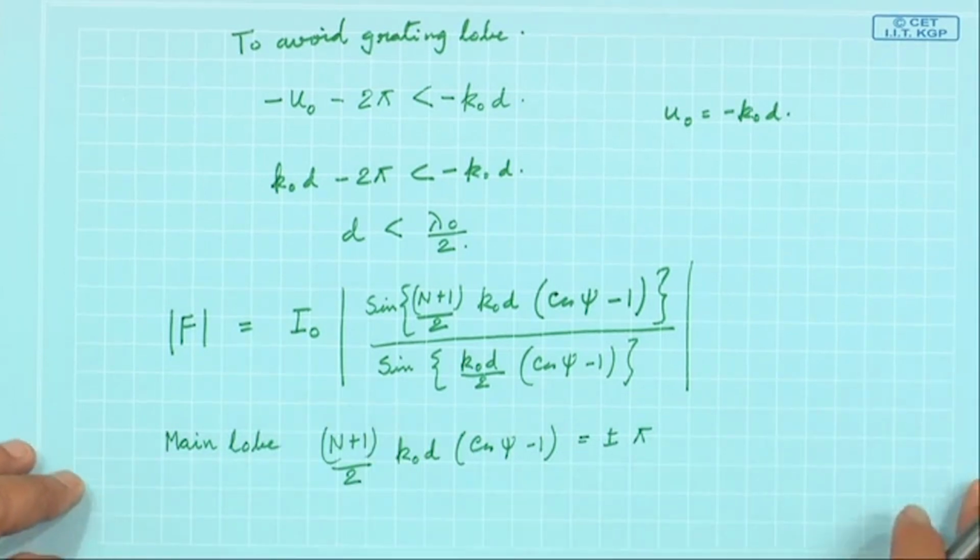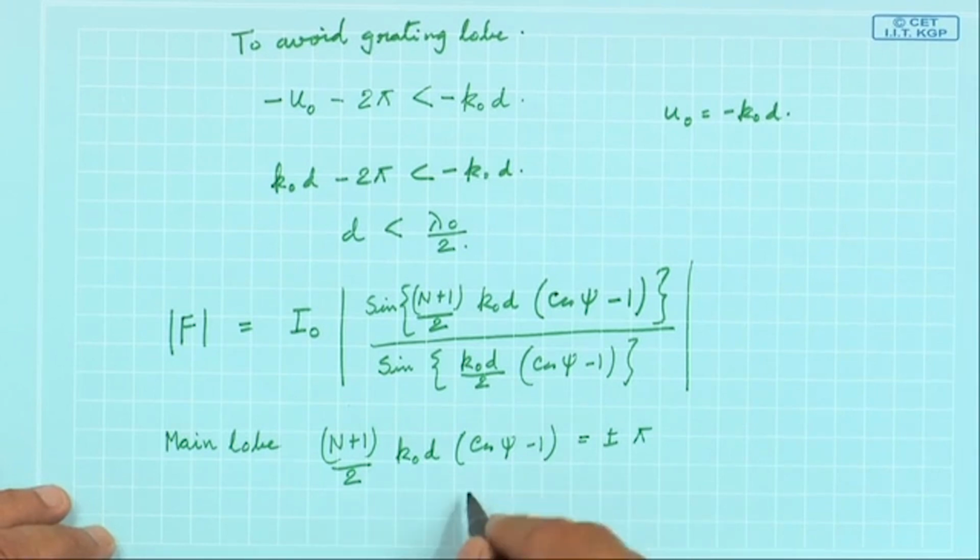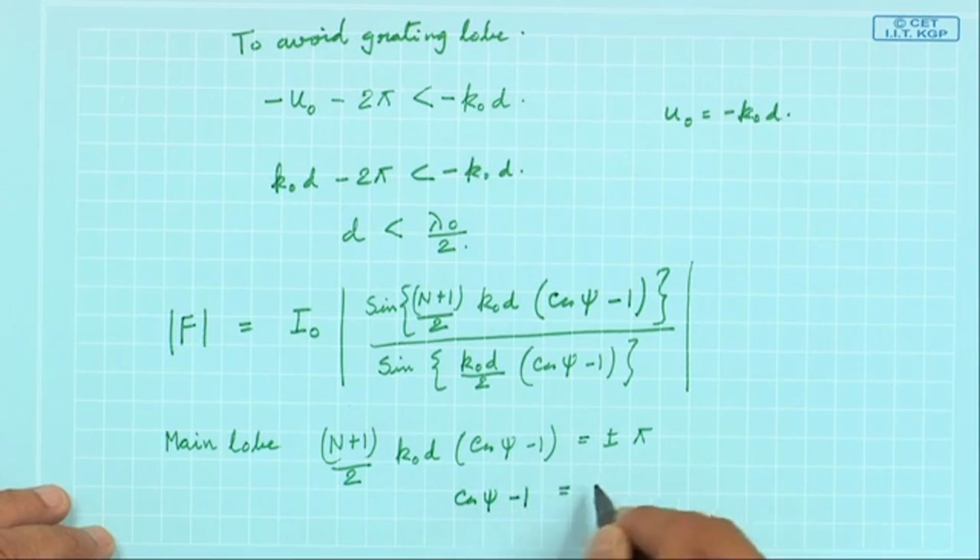Other lobes you can find out, but the main lobe is this. Now, for large n, the value of cos phi minus 1 is plus minus, you put here k naught value 2 pi by lambda naught. So, you will get lambda naught by n plus 1 d.